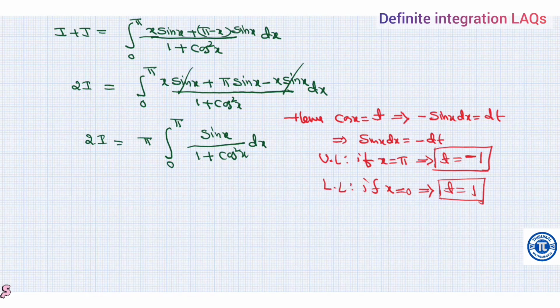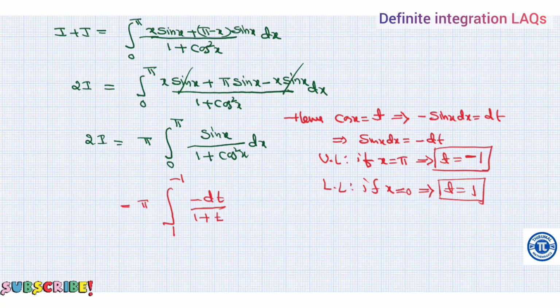Right here it is equal to pi into integration 1 to minus 1 of minus dt by 1 plus t square, since we supposed cos x is t. Next, this equals integration from minus 1 to 1, so the sign is changed, plus dt by 1 plus t square.